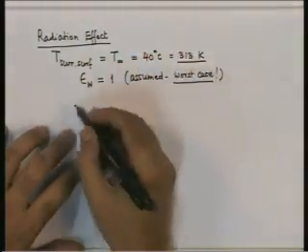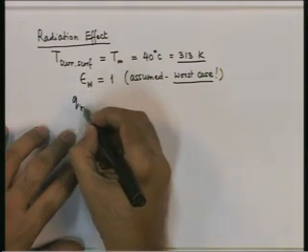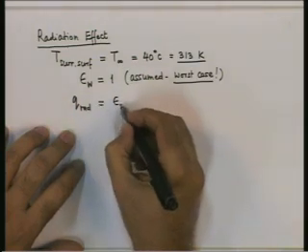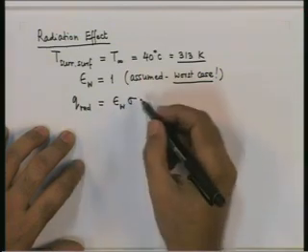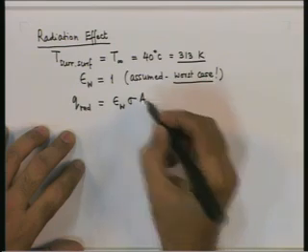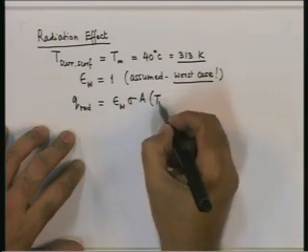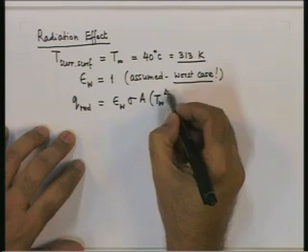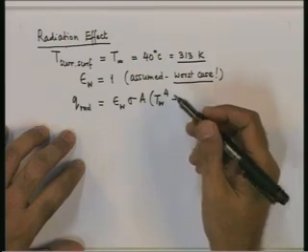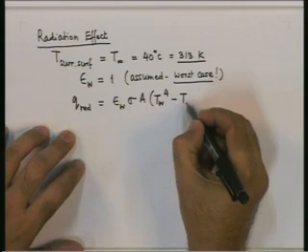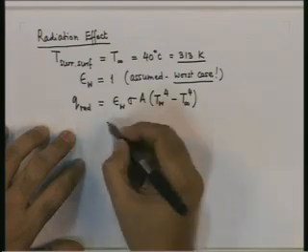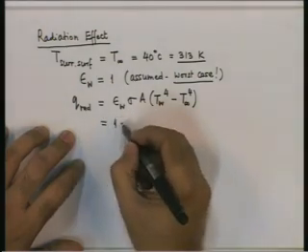Now with these assumptions, our heat transfer by radiation will turn out to be the wall emissivity, sigma, which is the Stefan-Boltzmann constant, multiplied by the area of the plate, multiplied by the wall temperature raised to 4 minus the surrounding surface temperature raised to 4. We have assumed that to be T infinity, so this gets T infinity raised to 4. We have assumed this to be 1.